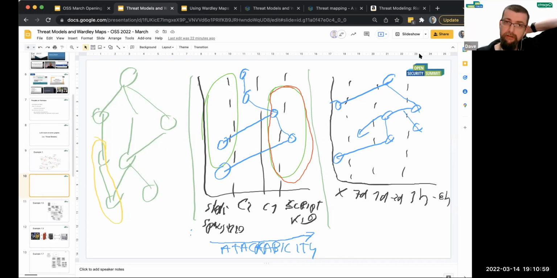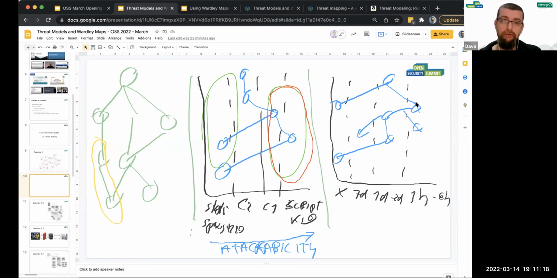I'm not convinced that with a Wardley map you can get a list of threats as you can do, for example, with STRIDE. I mean, if you have a map with all sorts of components and you iterate STRIDE all over them, you get a huge list of threats, and you will not be able to get that same list with Wardley maps.